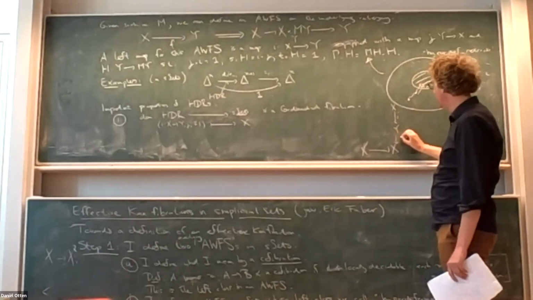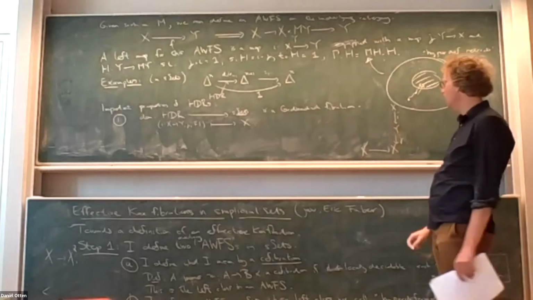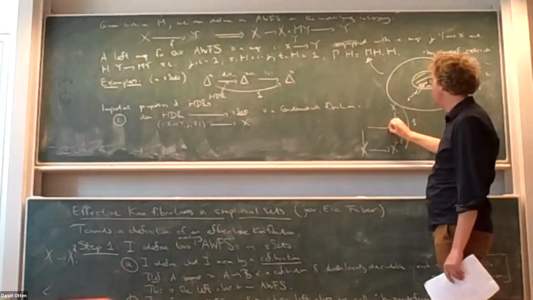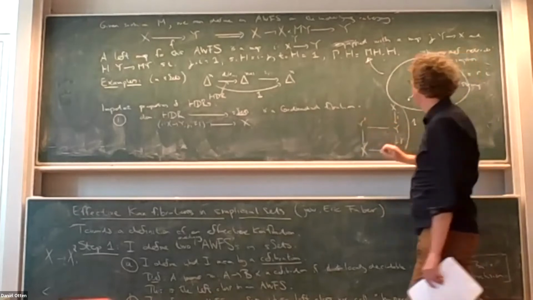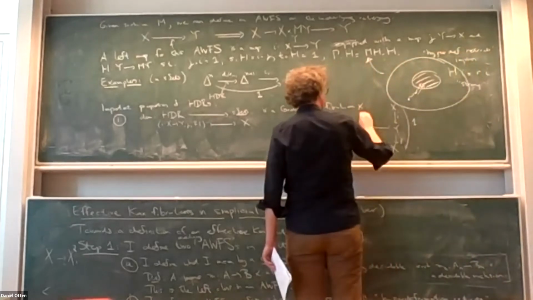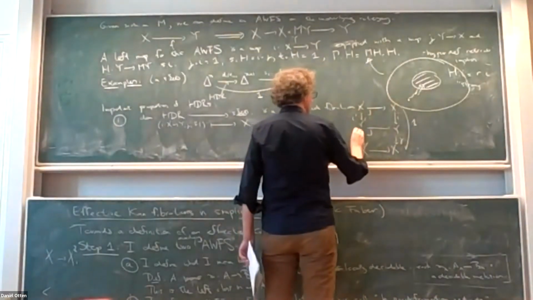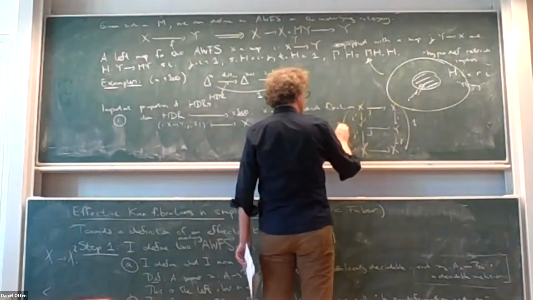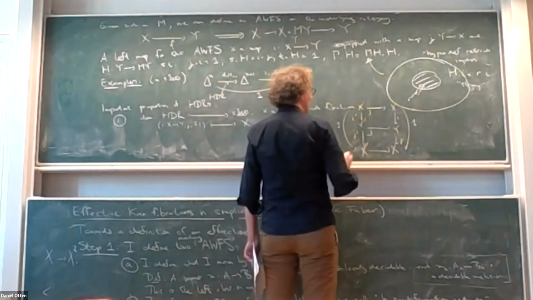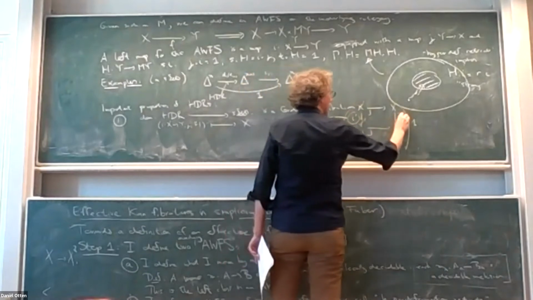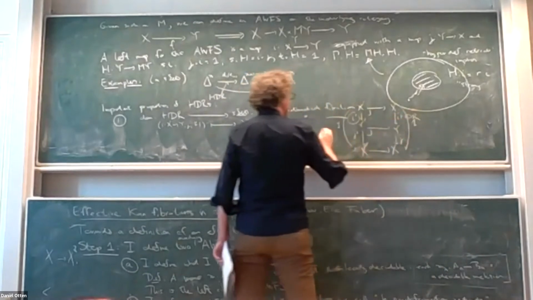There's the retraction J, whose composition with I is the identity, and I can just take this pullback, giving I prime and J prime with the identity. You can show that if this is an HDR, then this is again an HDR.